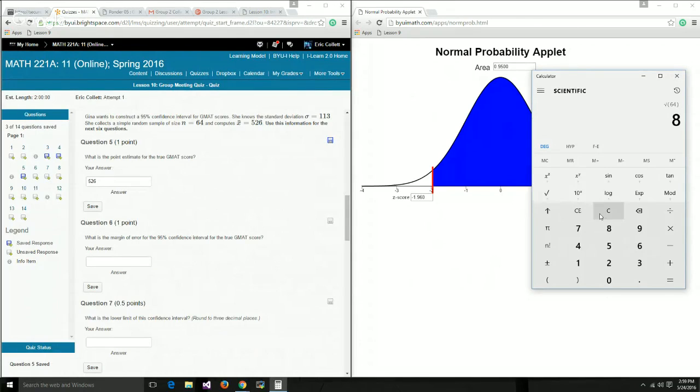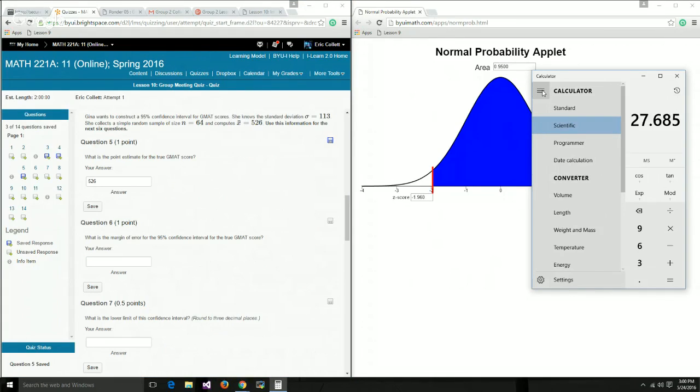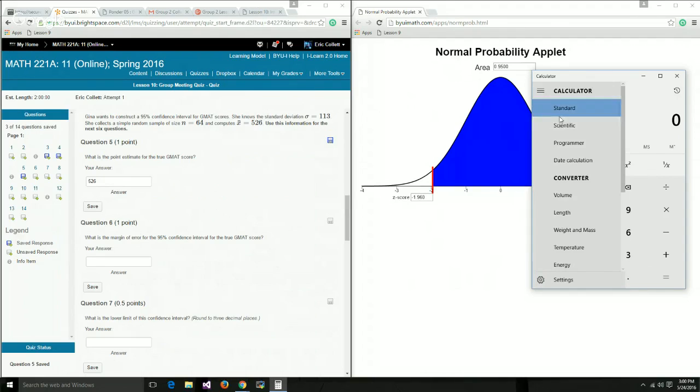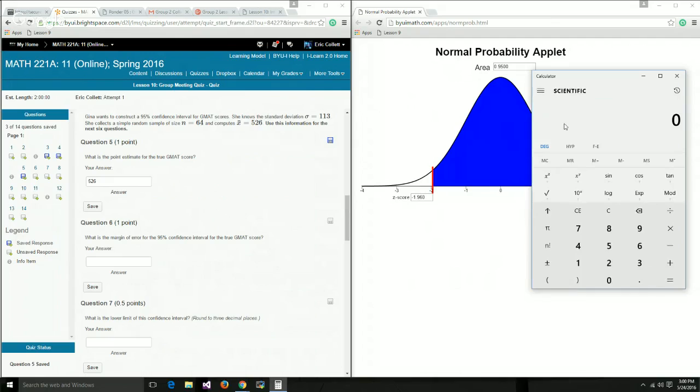I have to do these problems backwards because my calculator doesn't like this. How do you get a scientific calculator on a computer? I have Windows 10, and when you open your calculator, you click on these three lines right here. It'll be set to standard normally. If you go to scientific, you can change it to have parentheses and stuff like that.